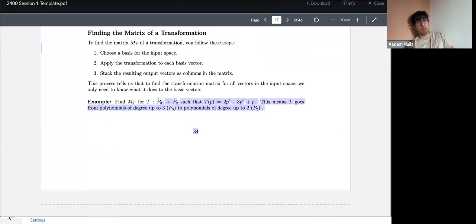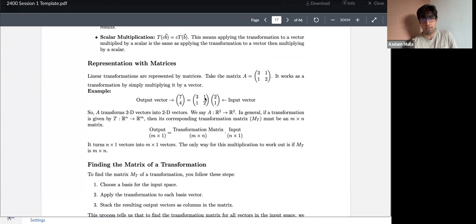It takes us from polynomials of degree 3 to polynomials of degree 2, such that it takes in a polynomial P and outputs 2 times P prime minus 3 times P double prime plus P. Very random transformation, but we can represent this whole thing as a matrix. Now, this may not be so clear. Earlier it was clear because we have vectors and we're multiplying by matrices to get new vectors.